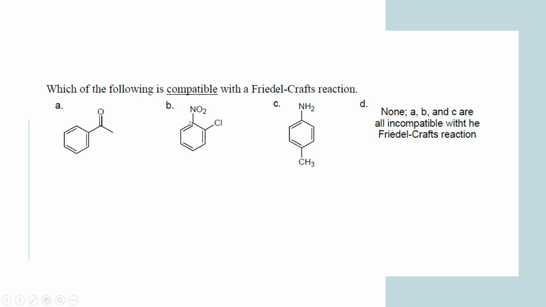Which of the following is compatible with a Friedel-Crafts reaction? You are given an acyl substituted benzene, and then in another option you are given nitro and chlorine, and in option C you are given this option where the benzene ring is containing one methyl and one amino substituent, and in option D the question is saying that none of A, B and C are compatible for Friedel-Crafts reaction.